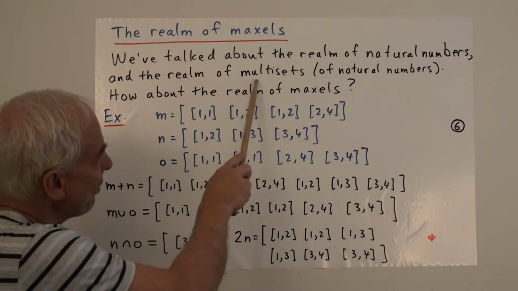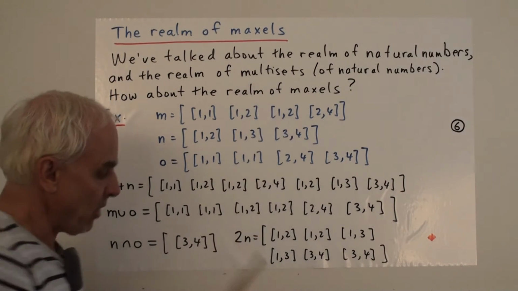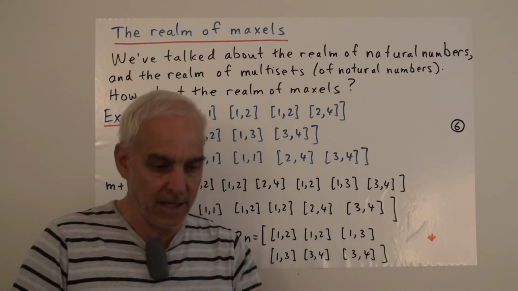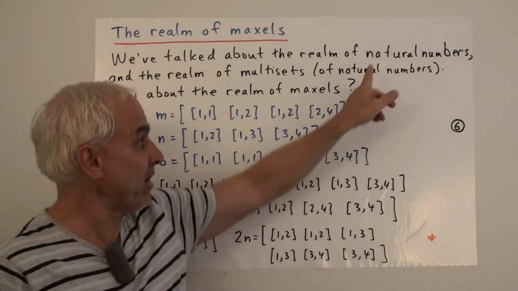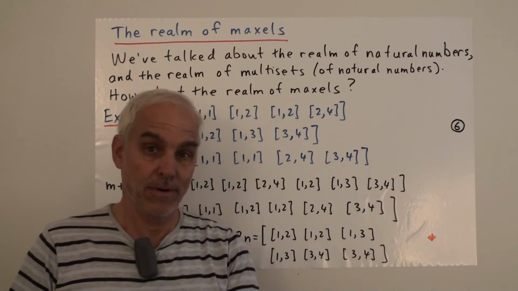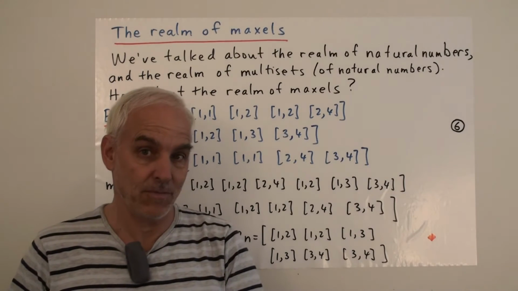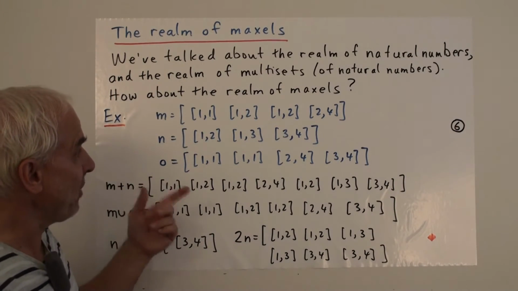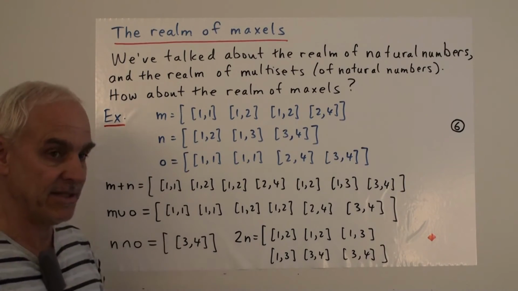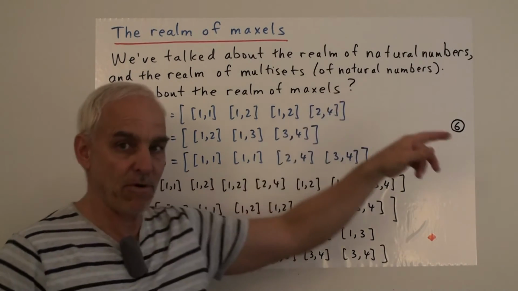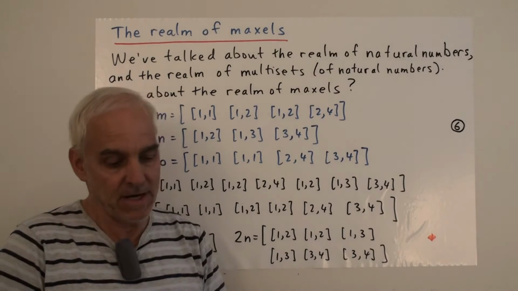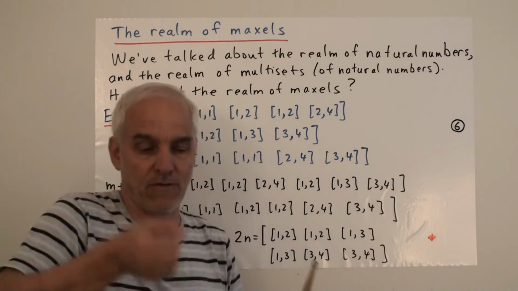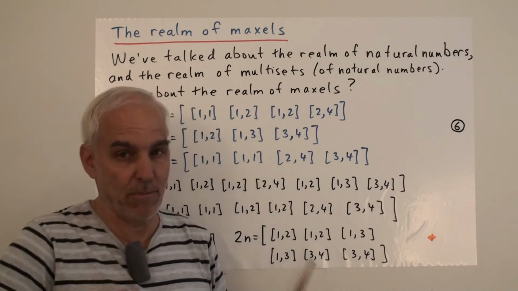And what made the realm of multisets work is that when you have a multiset of objects, then each of the multiplicities is a natural number, or a natural number plus 0. Now, in this situation, we're talking also about multisets. They're no longer multisets of natural numbers, but they're multisets of pixels. But nevertheless, the multiplicities of any pixel can still be a natural number or 0.